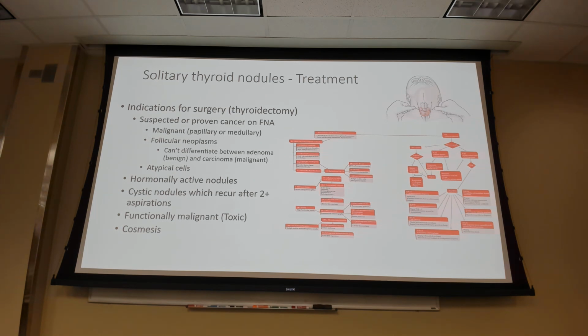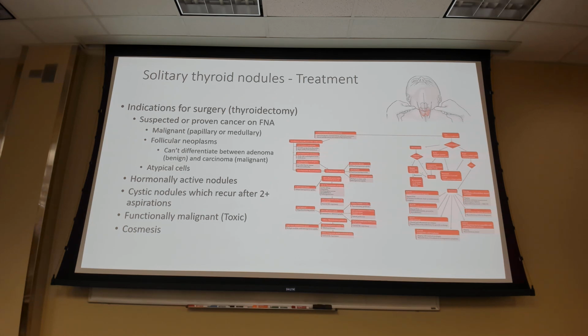Typically, if we suspect malignancy or it's proven cancer on our fine needle aspiration, that's an indication for surgery. Follicular neoplasms are hard to differentiate as adenoma versus carcinoma, so a lot of times we'll do a partial thyroidectomy for those and send that specimen, which we have a slide covering later. Other indications are any atypical cells, hormonally active nodules, and cystic nodules that recur after two aspirations.